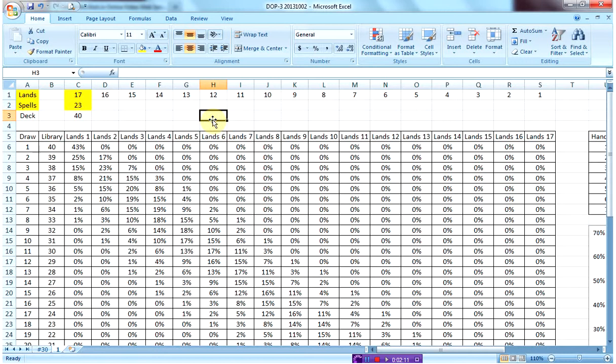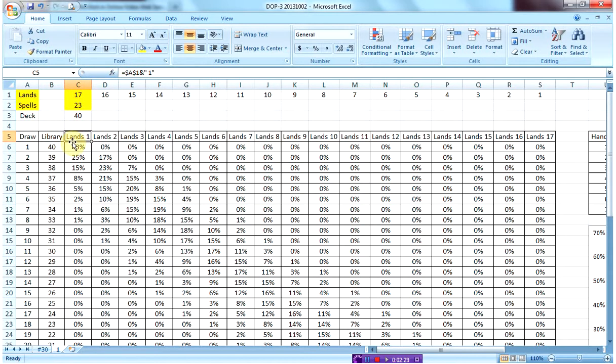The first thing I did off camera is I turned these labels into inputs. Before they just said lands and spells. Going forward I want these to be inputs, and I've tied all of these to them. You can see this is tied.